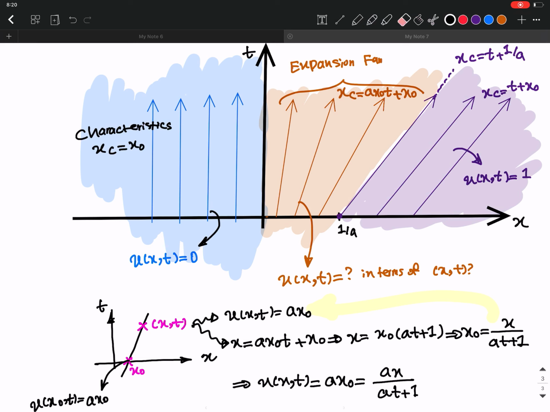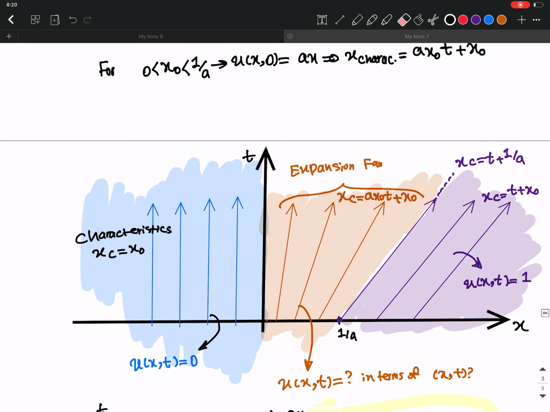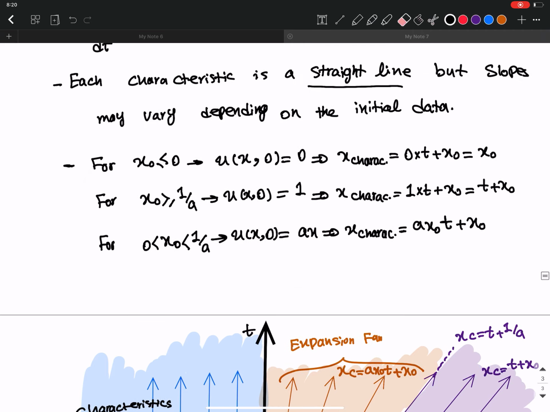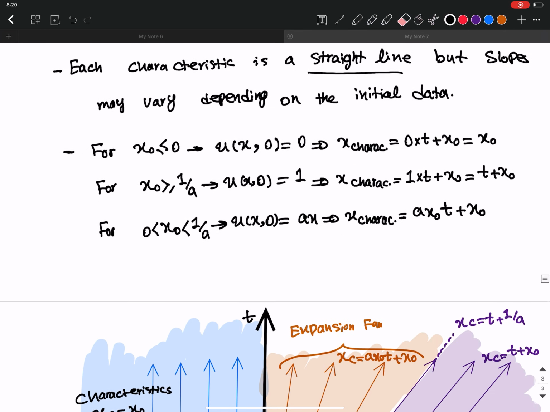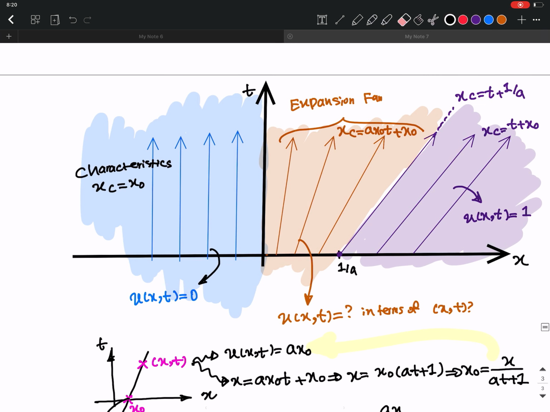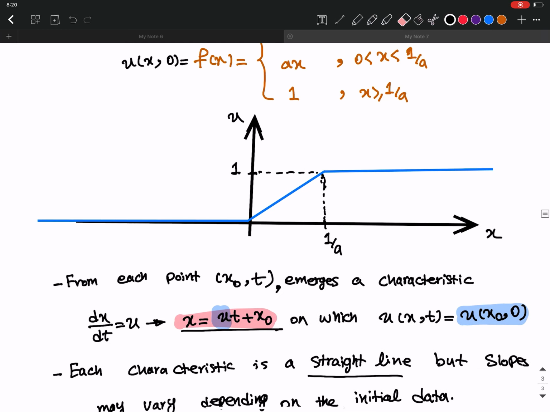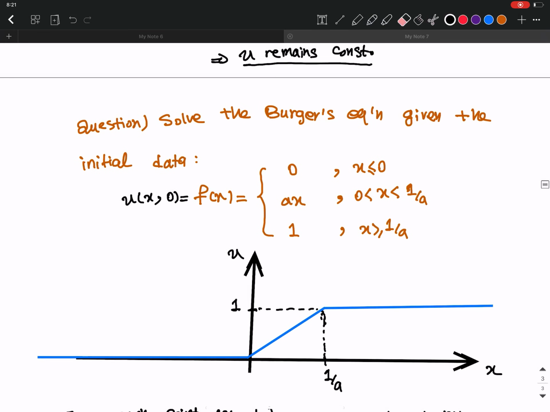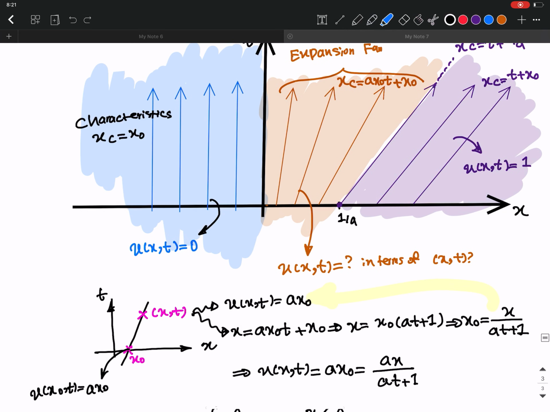And it could be much more different. For this initial condition that was given here, this is the characteristics that we found. And we are going to have three regimes based on this definition. When x is less than 0, u is going to be 0.